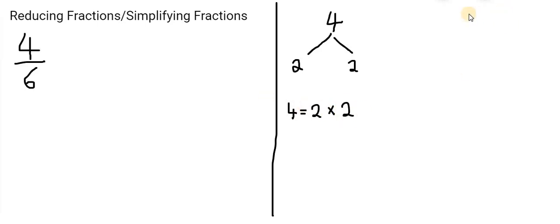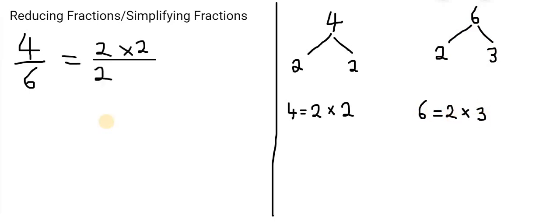Now 6 is an even number also. So 2 is a factor. The number that goes with 2 to make 6 is 3. So 6 is 2 times 3. I have 4 equals 2 times 2. So instead of 4, I have 2 times 2. And instead of 6, I have 2 times 3.